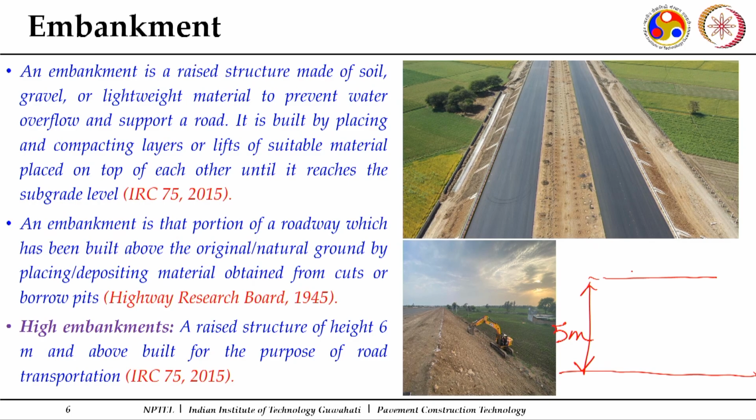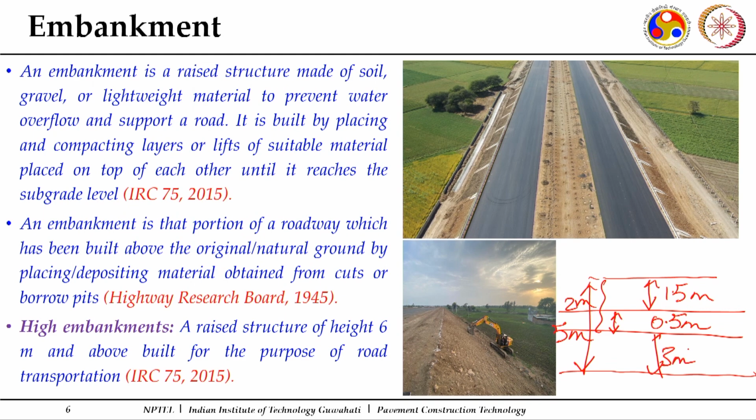Whatever your traffic requirement is, it may require a crust of say 1.5 meter. And then the ground which is to be prepared for these layers of your pavement crust may take half a meter. So this makes your 2 meter. Now still 3 meter is there.